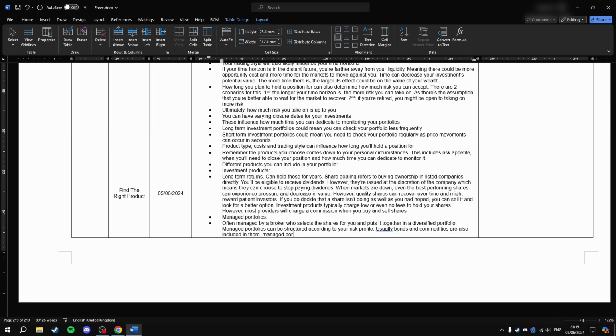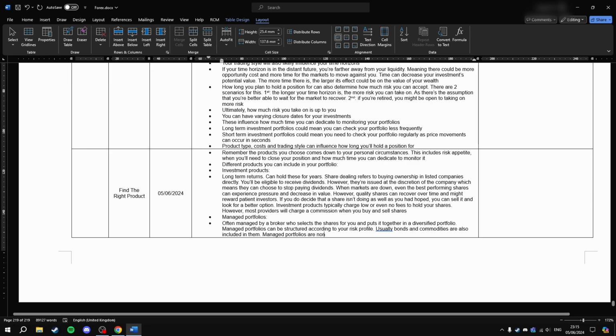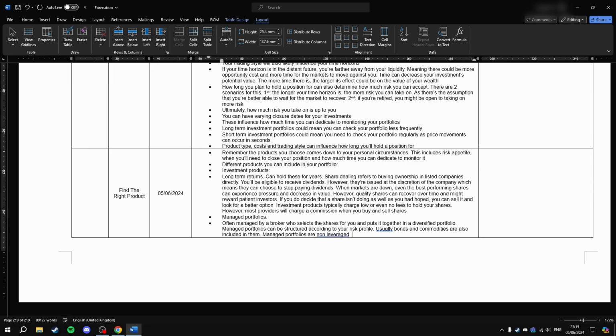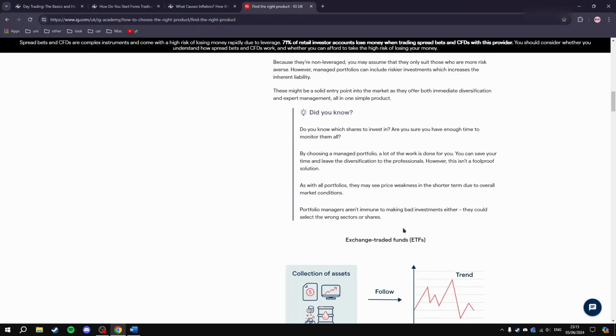Risk averse meaning those who don't want to take on that much risk. However, managed portfolios can include riskier investments which increase the inherent liability.